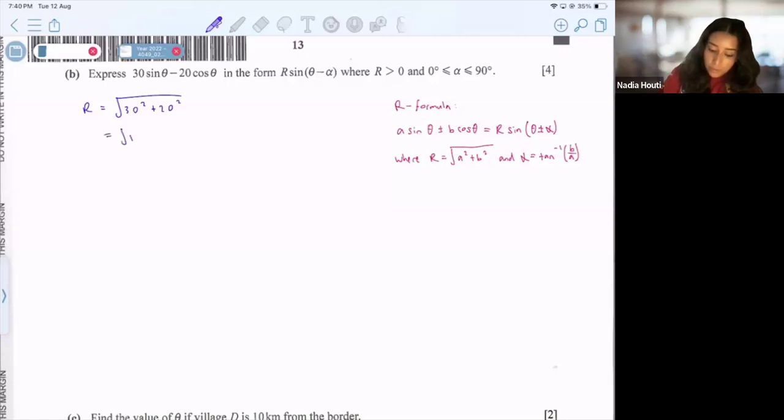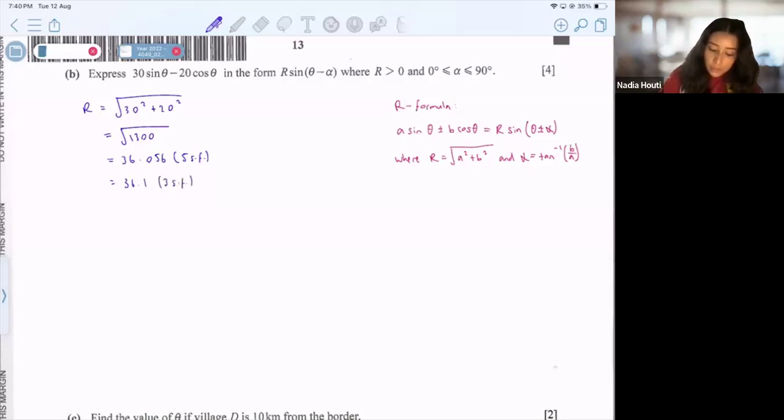And it's square root 1,300, which is 36.056 to 5 SF, or 36.1 to 3 SF.